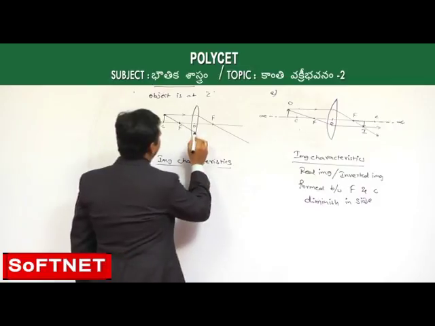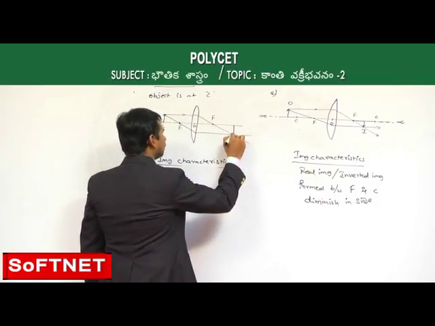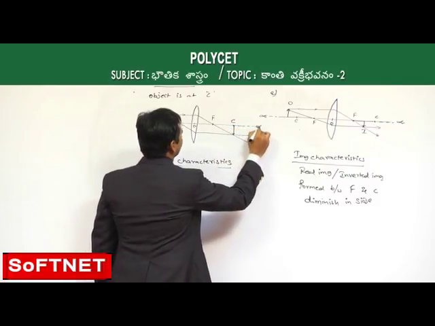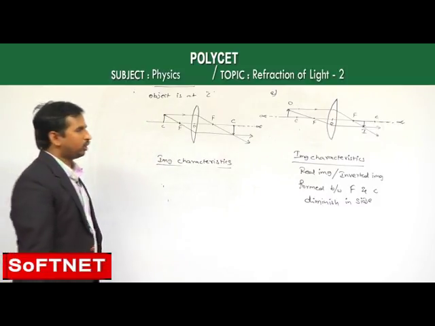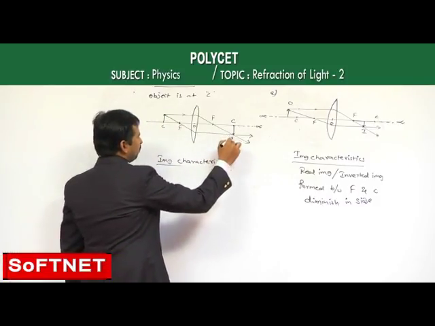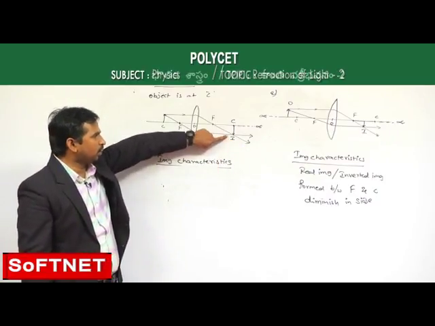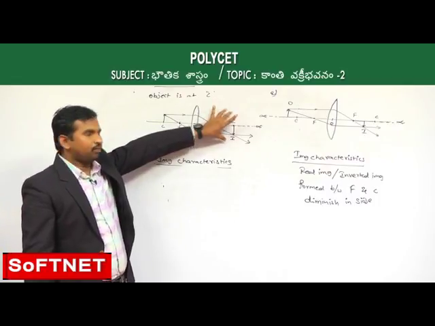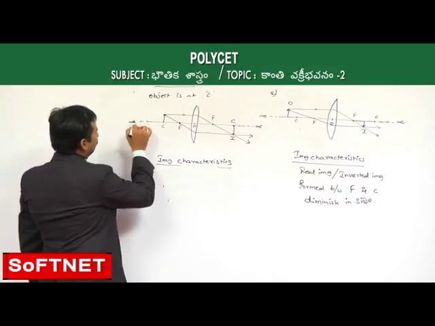Then after refraction, the light ray passes parallel to the principal axis, like this. Now both the light rays are going to meet at a point which is our image position. Now if you are taking a perpendicular line from the image point to the axis, that gives you the size of the image.